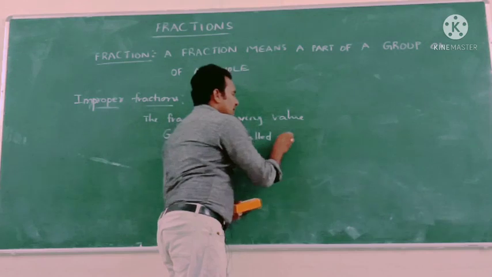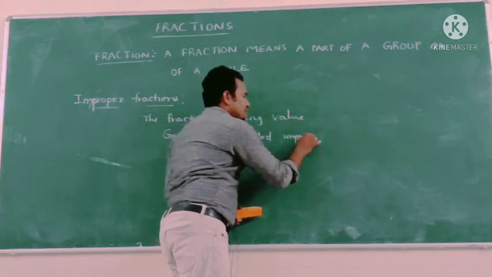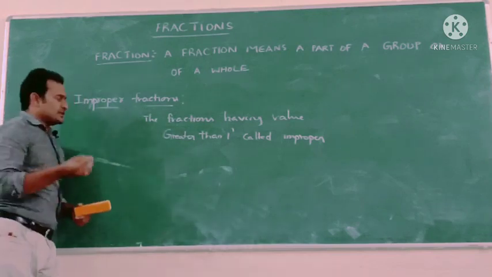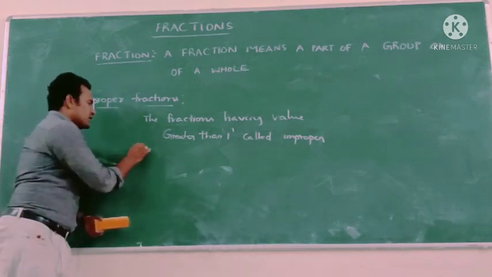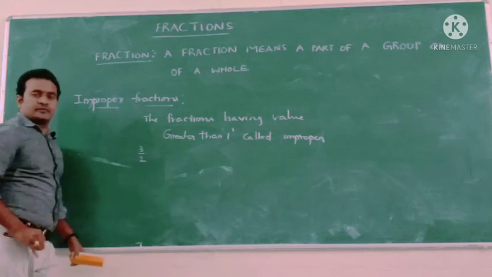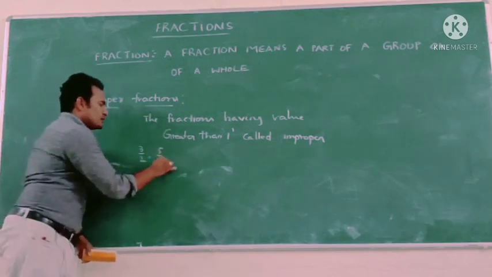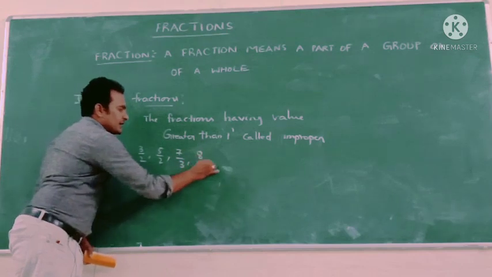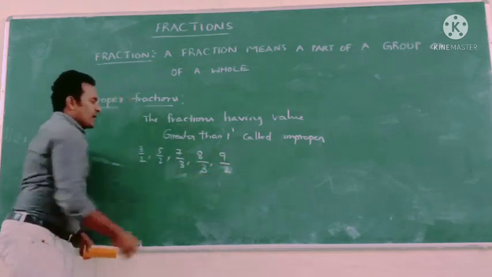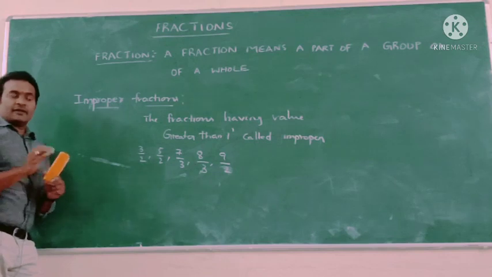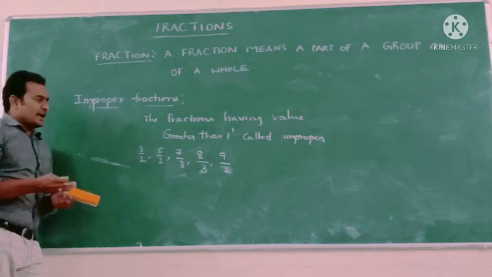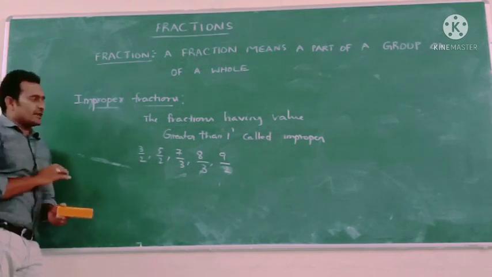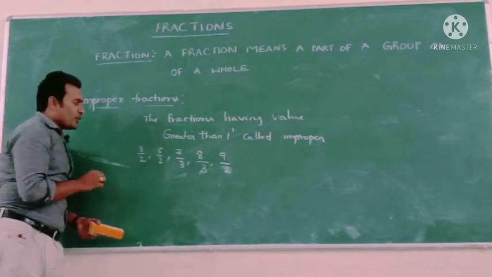Let us take 3 by 2, 5 by 2, 7 by 3, 8 by 3, 9 by 2. All these fractions have values greater than 1. Hence these kinds of fractions are called improper fractions.